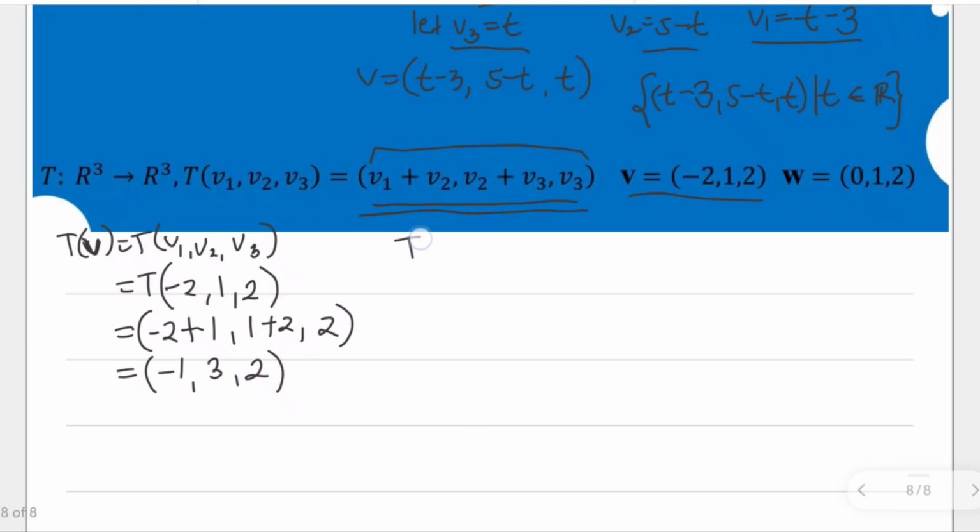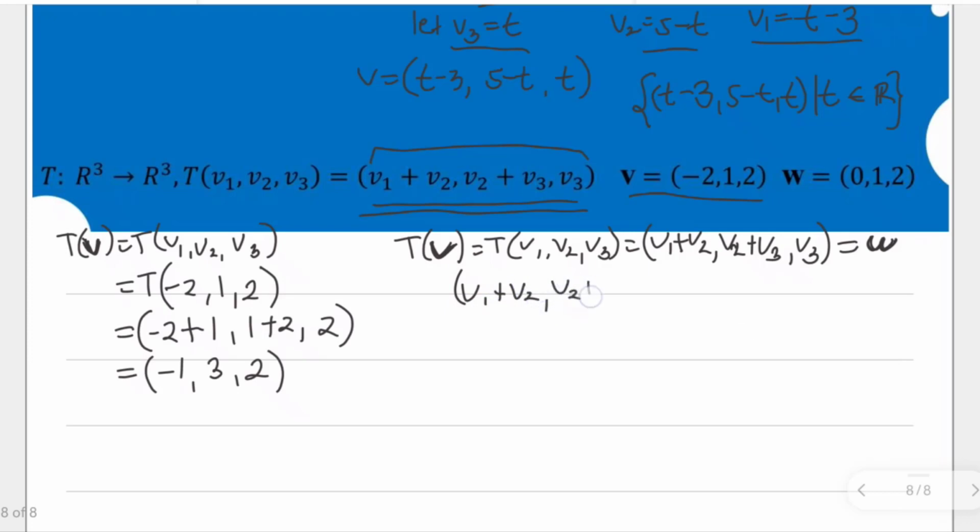For the pre-image of your vector W, it will have this form. I'm just repeating this so that we could have a construct: V sub 1 plus V sub 2, V sub 2 plus V sub 3, then V sub 3. This would be equal to your vector W, which is 0, 1, and 2.